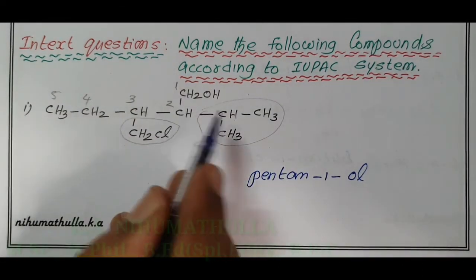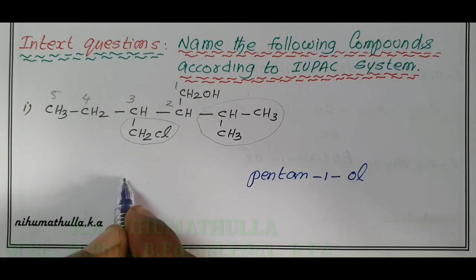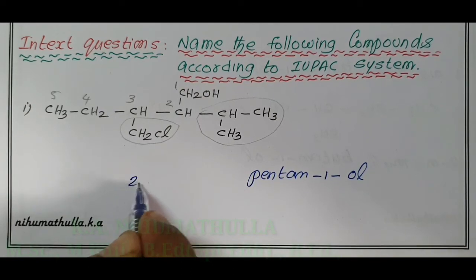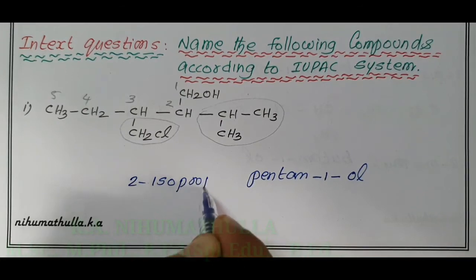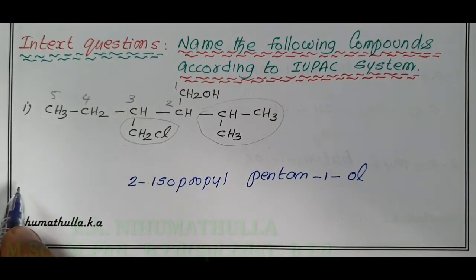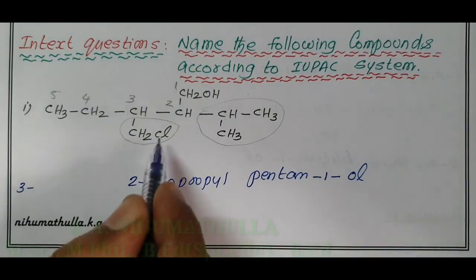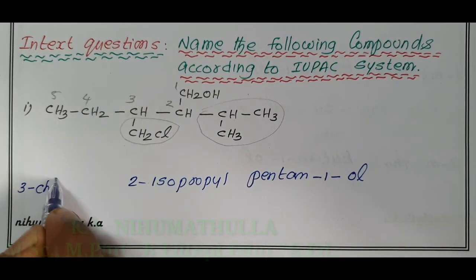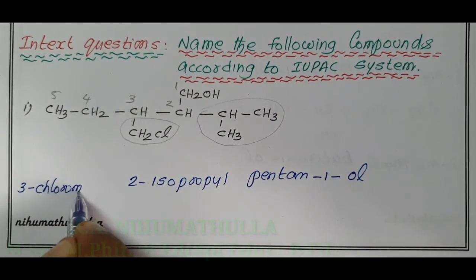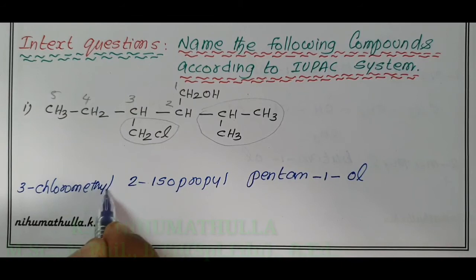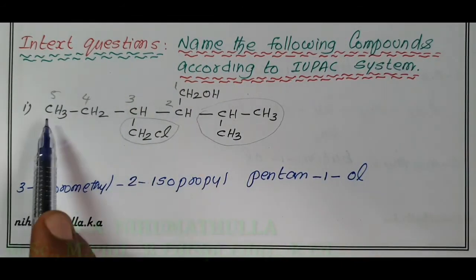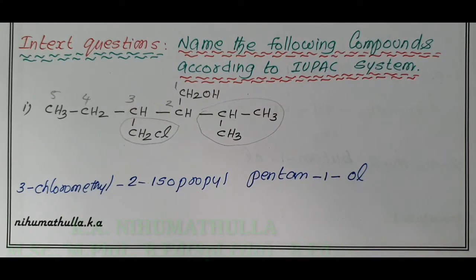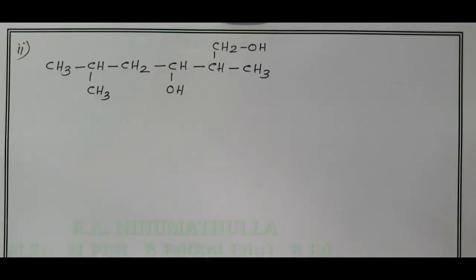In the second carbon, we have isopropyl, and in the third carbon, CH2Cl is nothing but chloromethyl. 3-chloromethyl, 2-isopropyl, pentan-1-ol is the IUPAC name of this compound.